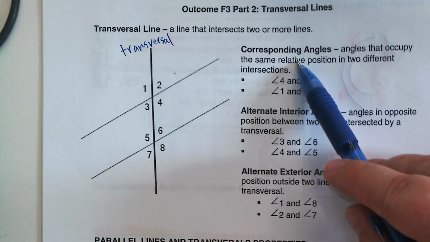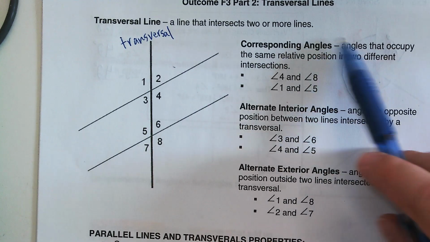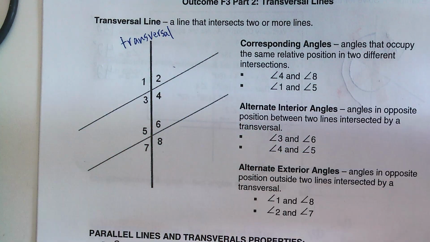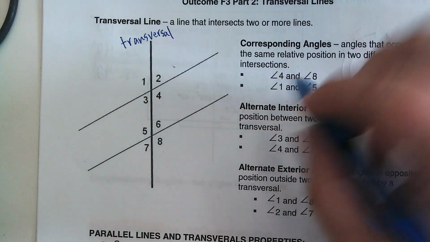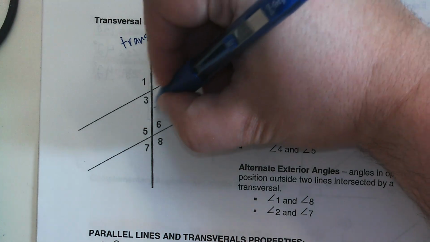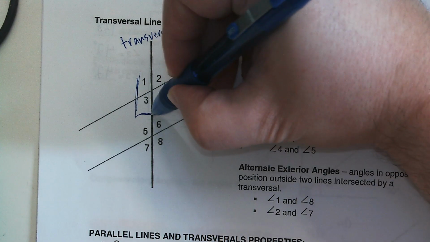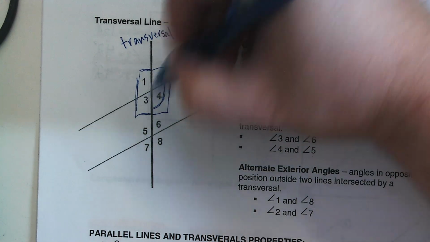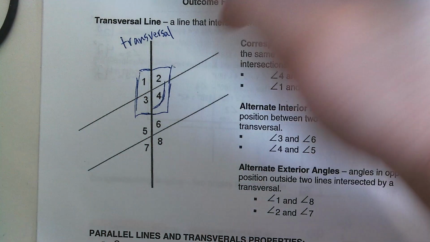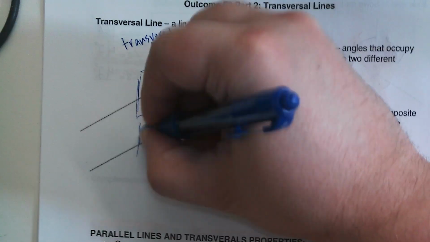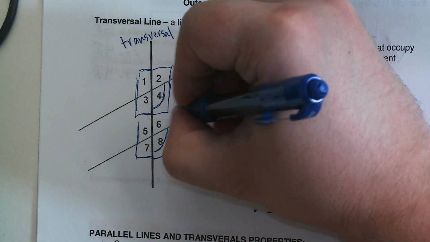The first one is called a corresponding angle. Corresponding angles are angles that are in the same kind of position, but in two different places. So for example, this angle number 4 right here is in the bottom right section of this kind of four-quadrant thing, and this angle 8 is also in the bottom right of this section right here.